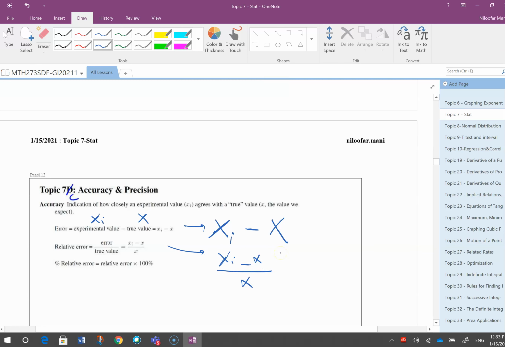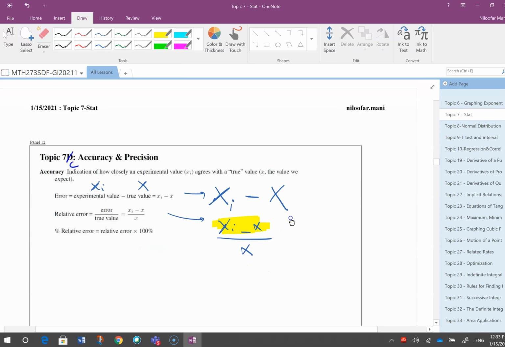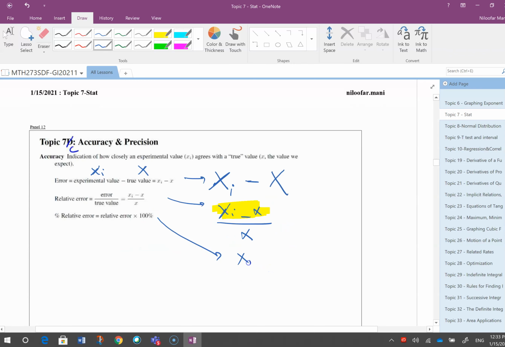I compare this difference with the actual value to see what proportion of the actual value is the error. If I multiply it by 100, this is the percent relative error: xi minus x divided by x times 100, and then I show it as a percentage.